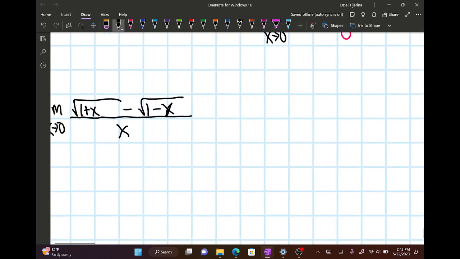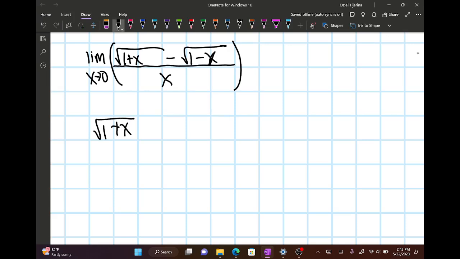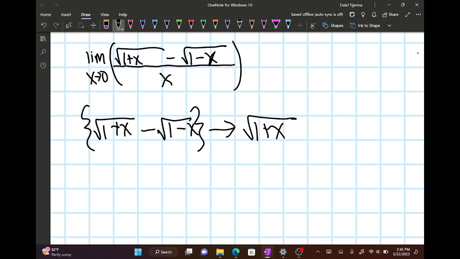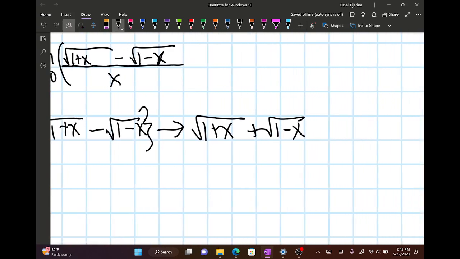And we're going to multiply this whole thing by the conjugate of the top. The top is the square root of 1 plus x minus the square root of 1 minus x, and the conjugate is actually going to be the square root of 1 plus x plus the square root of 1 minus x. We're going to do that for the top and the bottom as well.